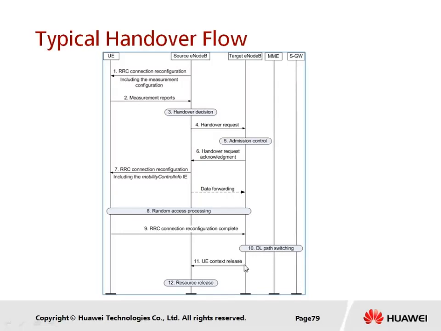After the path switch is done, the target eNodeB sends UE context release to the source eNodeB, and the source eNodeB proceeds by releasing the RRC and the radio bearer of this particular user. So that's all for the features and the parameters of intra-frequency handover in LTE.